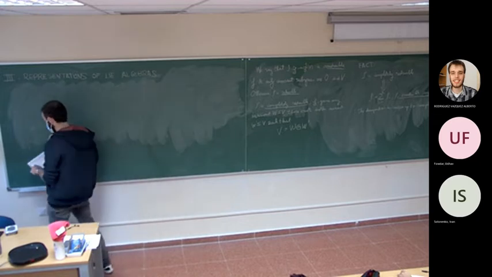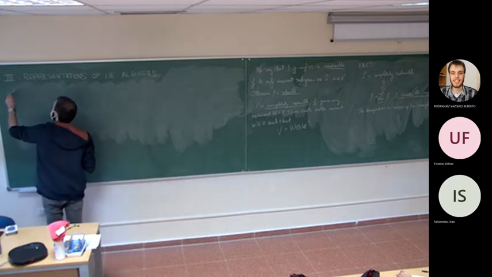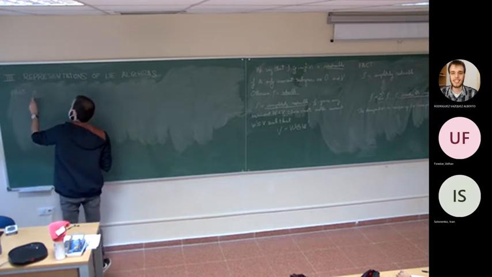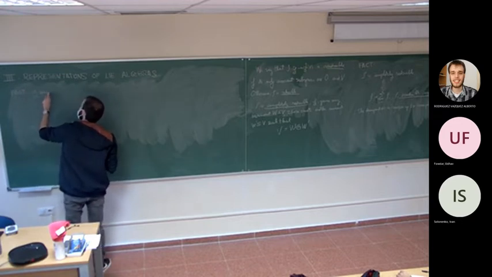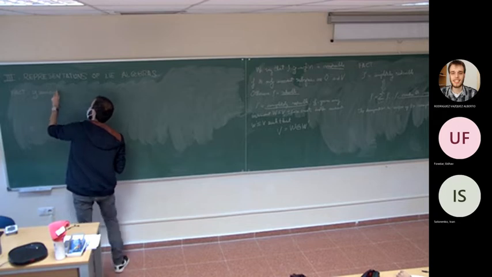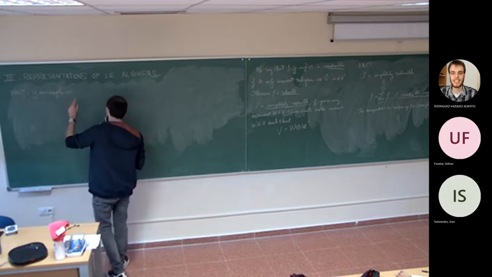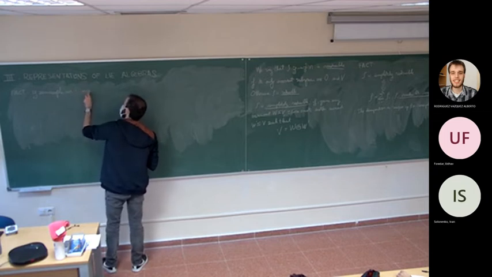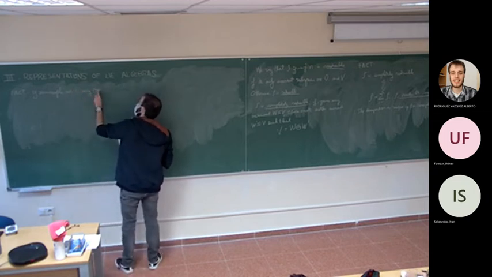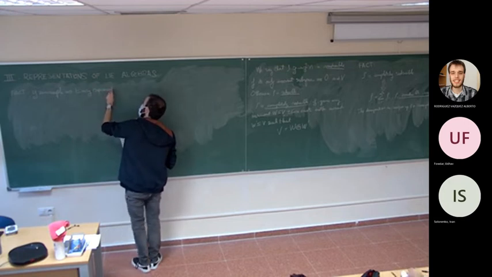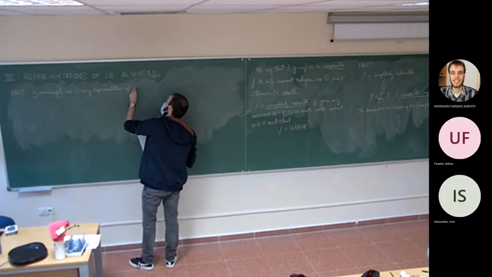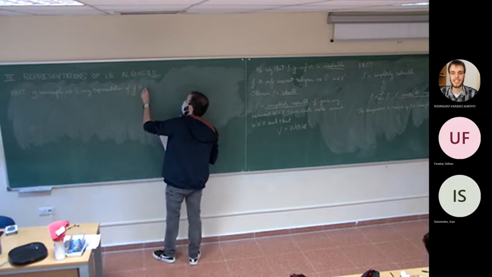Okay? So this is another fact which says that if G is semi-simple, then every representation of G is completely reducible.